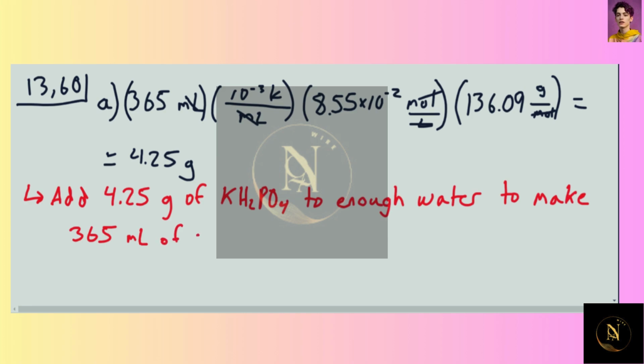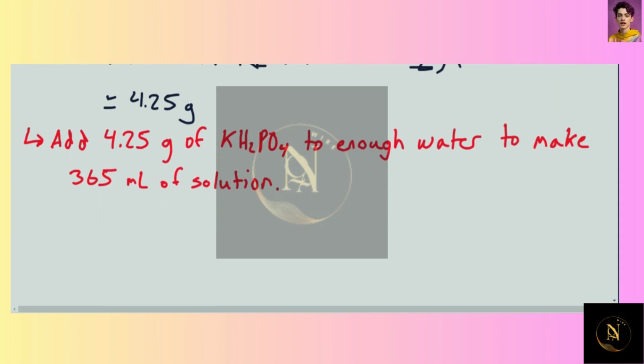So remember, for molarity, we're not dealing with volume of solvent, we're dealing with volume of solution. So if we added 365 milliliters of water to 4.25 grams, then we would be having a higher volume of solution. So we don't add 365 milliliters of water, we add enough water to make up 365 milliliters.